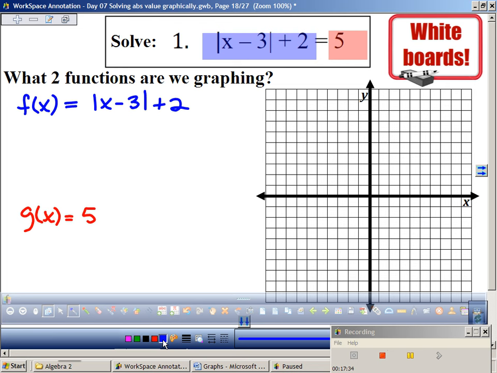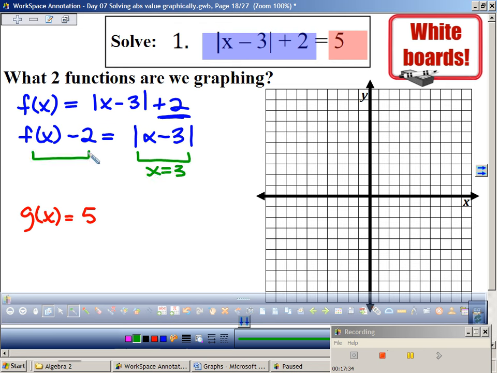This one's already done. I've got to transform this one. So I'm going to take that 2 and move it to the other side. So f of x minus 2 equals the absolute value of x minus 3. My horizontal shift is positive 3. My vertical shift is y equals 2.